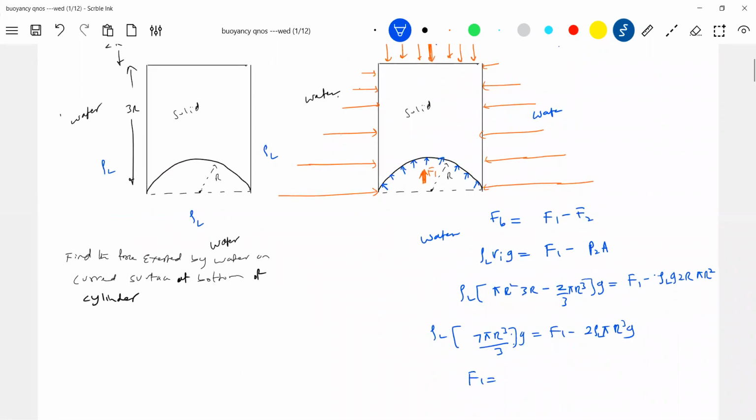So what is the total force? Rho L pi R cube g times 7 by 3 plus 2. 3 twos are 6, 6 plus 7 is 13, 13 by 3. So this will be 13 pi rho L R cube g by 3. This is the force exerted by the liquid on the curved surface. That's the concept of buoyancy.